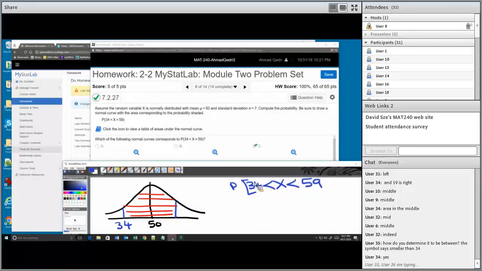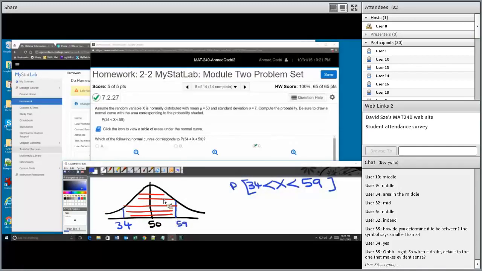You see that? It says it's less than 59 and it is greater than 34. Both conditions have to be true. So less than 59, 59 is here, okay? This is very clear. So X should be between 59 and 34. So between 34 and 59 means it has to be the area in the middle of the two, right? Does that make sense?